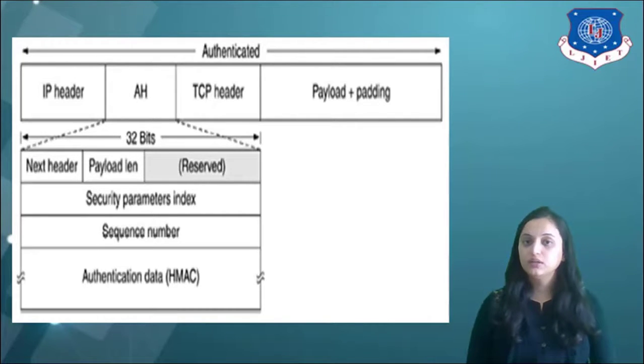One noteworthy feature of the authentication header is that the integrity check covers some of the fields in the IP header, namely those that do not change as the packet moves from router to router. The time to live, that is the TTL field, changes on each hop, for example.